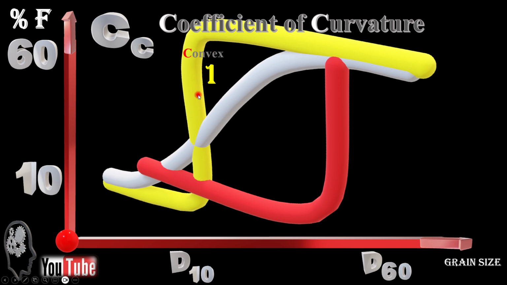The first one, number one, is a convex case, and case number two is a concave one, and our original one was case number zero.